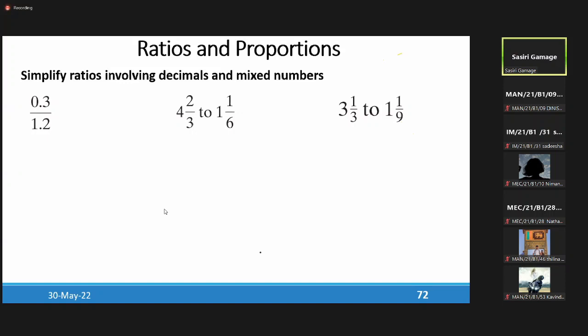Okay, let's simplify these ratios involving decimals and mixed numbers.